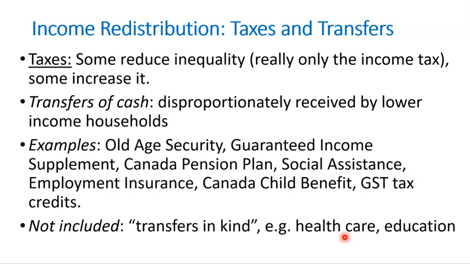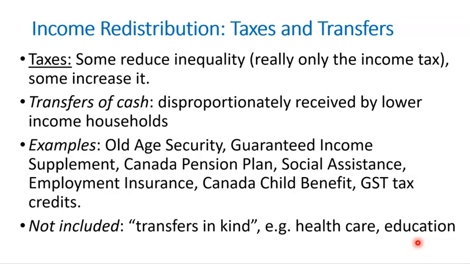So you could imagine that that's kind of equivalent to giving people the money that the health care costs. So that's really obviously a very important transfer. Think about free education.